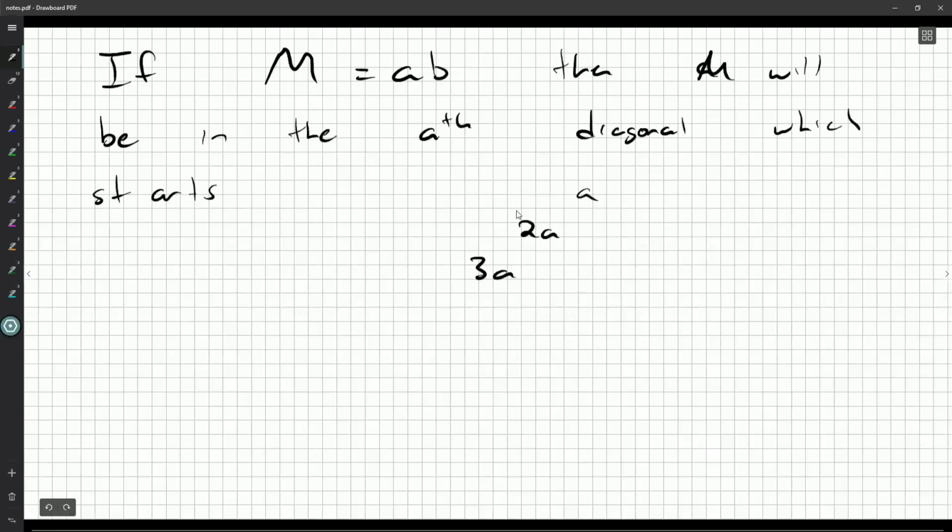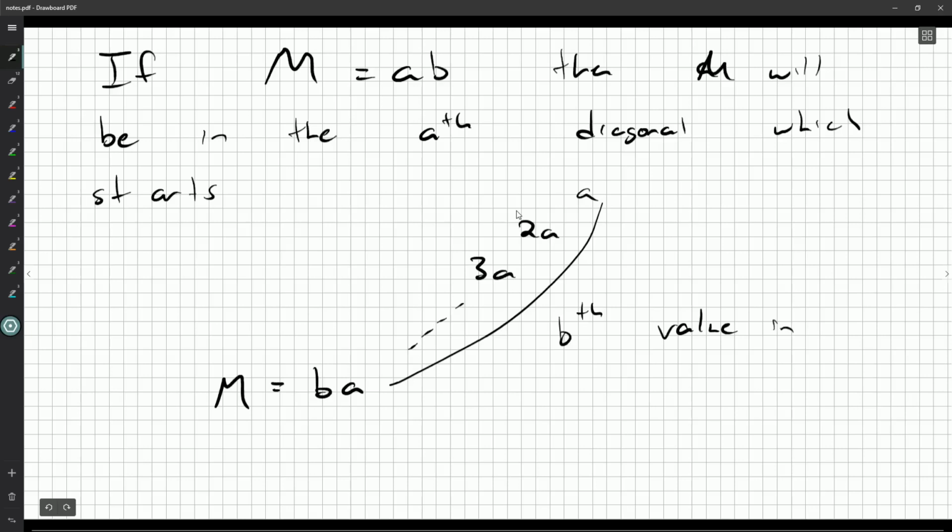So the third entry in a diagonal is just 3 times whatever diagonal you're at. So it'll go all the way down to B times A, which is equal to my number m. So the Bth value in the Ath diagonal is A times B. Okay, so that's a nice little rule.